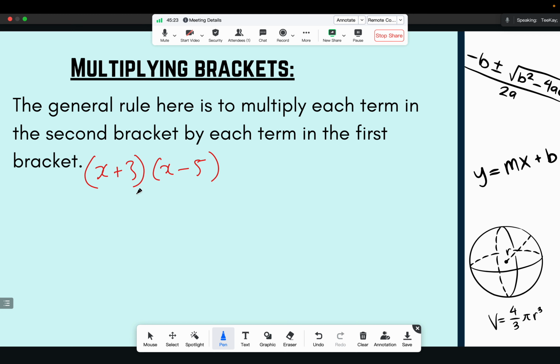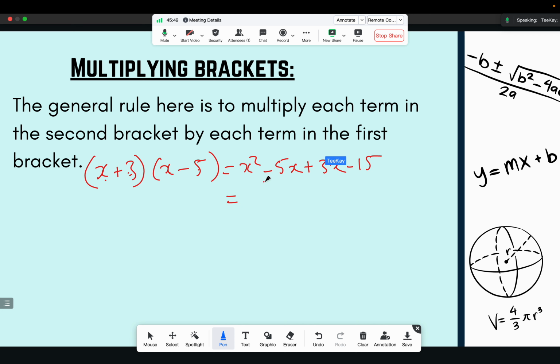Let's solve this. We can use the first one we talked about. x and x will give us x squared. And x and minus 5 give us minus 5x. And 3 and x will give us plus 3x. And then 3 and minus 5 will give us minus 15.